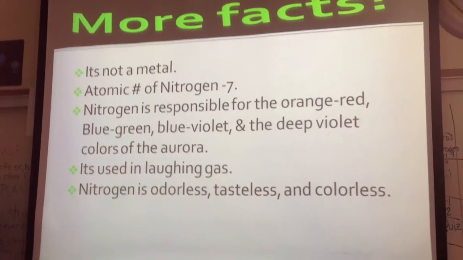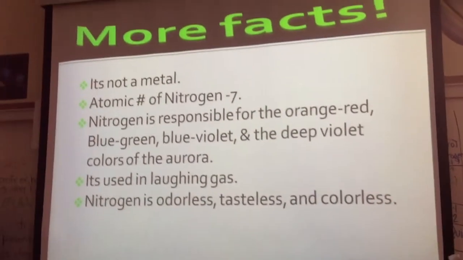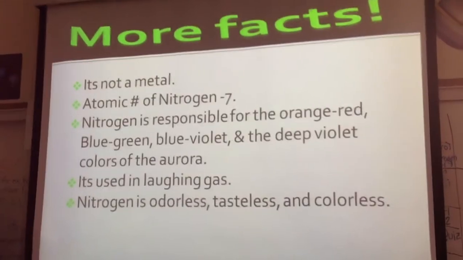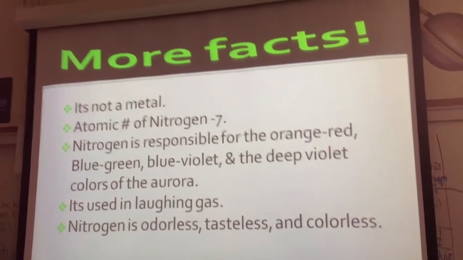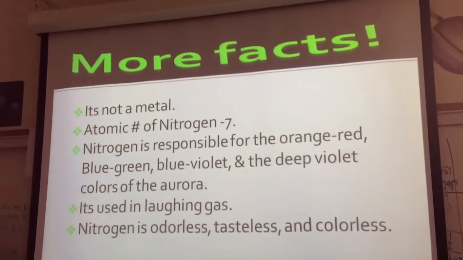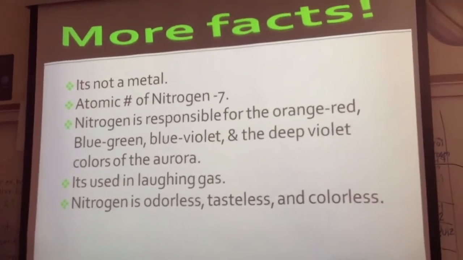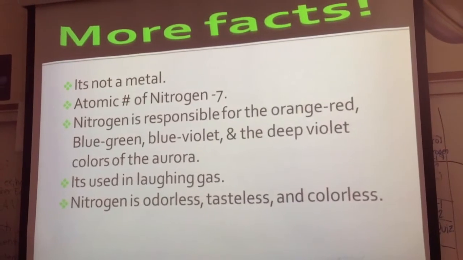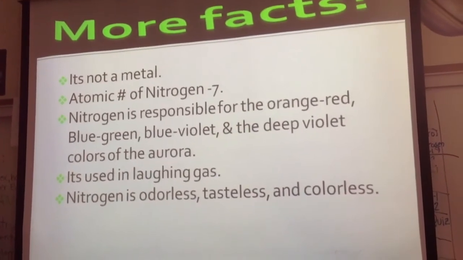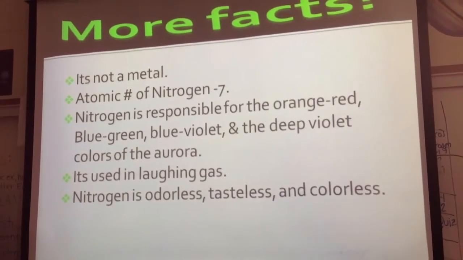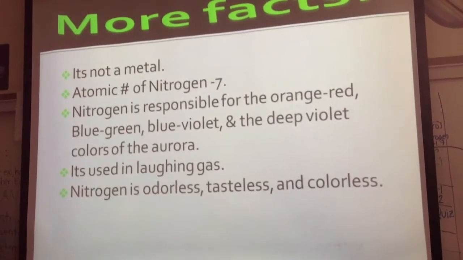The atomic number of nitrogen is 7, and nitrogen is responsible for the orange, red, blue, green, blue-violet, and deep violet colors of the aurora. It's used in laughing gas, and nitrogen is odorless, tasteless, and colorless.